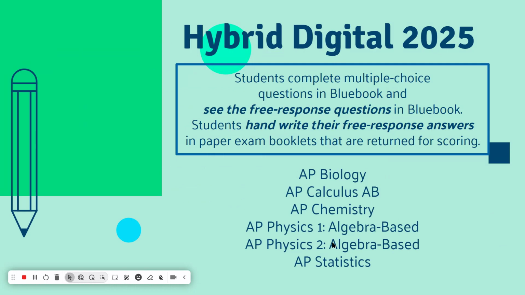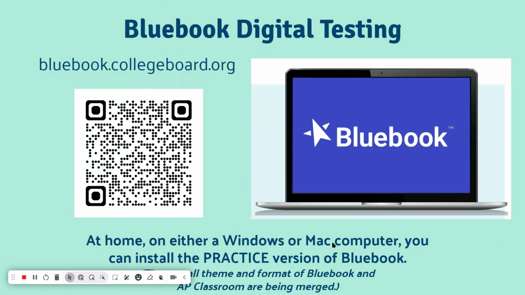You'll take your 15-minute break, and then you'll go back into Blue Book, and it'll show you the questions digitally, but you're going to have a paper booklet in front of you that you write your answers in. And that's what's going to be sent in for your free response questions.